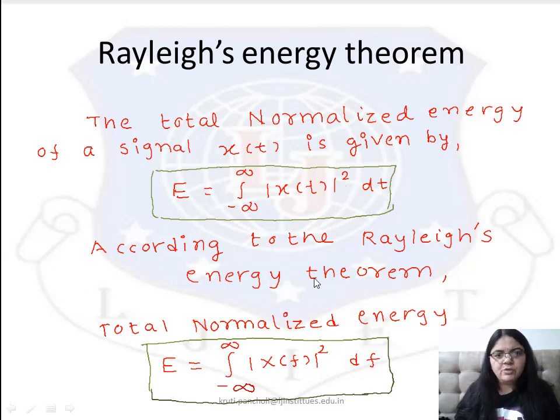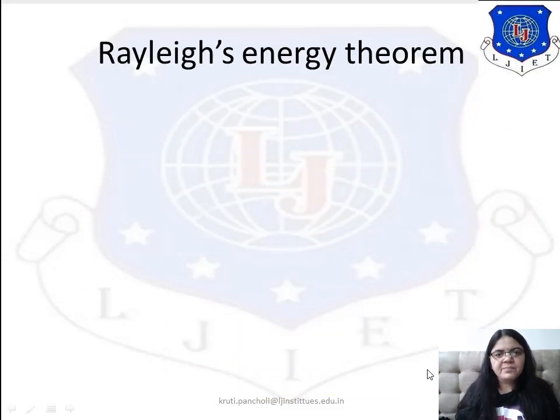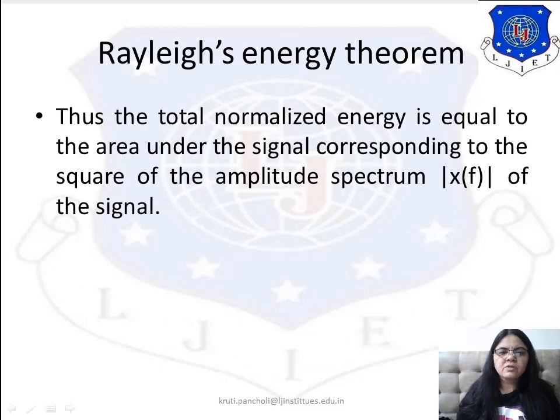According to the Rayleigh energy theorem, the total normalized energy E is equal to ∫ from −∞ to ∞ of |X(f)|² df. So the normalized energy is equal to the area under the square of the amplitude spectrum X(f) of the signal.